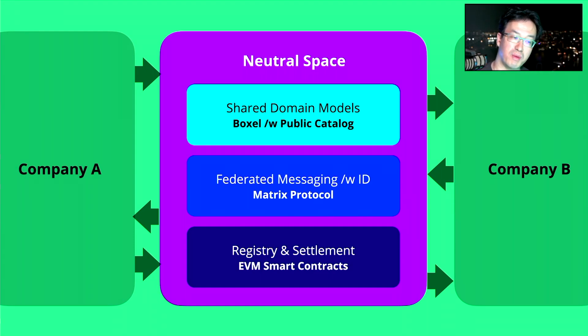And that information may allow certain things to happen or prevent certain things from happening. Whether you're messaging company A or company Z, you can look into this registry and say, do I trust this person? So that idea of a membership system built on chain enhances the trust that comes from this federated messaging and allows those domain models to have a way to reflect real entities on the other side.